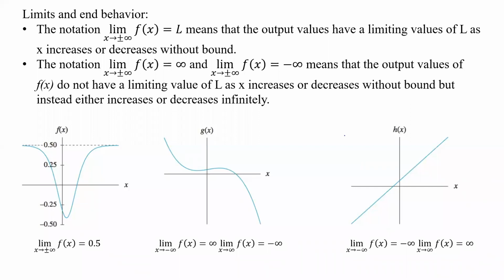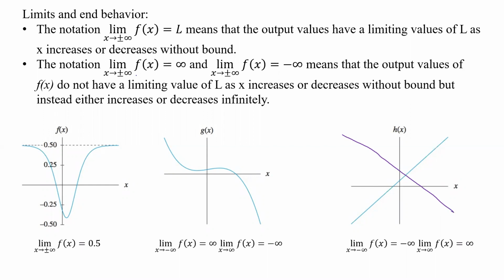Now, what happens if we have, say, a negative slope? Well, then the limit of f of x as x goes to negative infinity is going to be positive infinity. And the limit of f of x as x goes to positive infinity is going to be negative infinity because it's going down and down, okay?